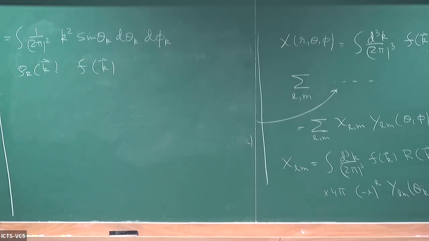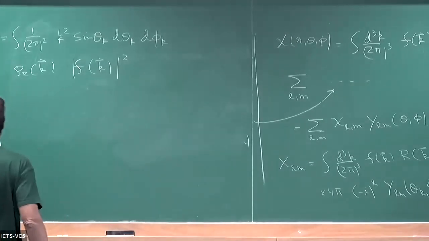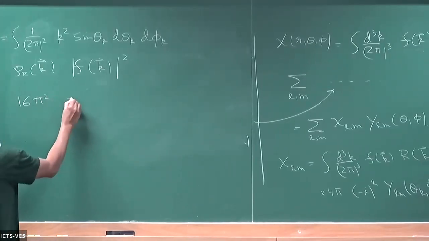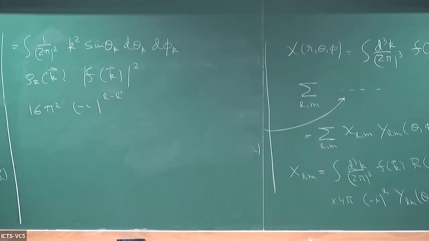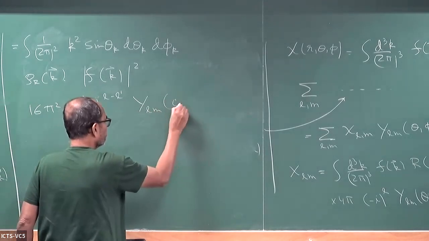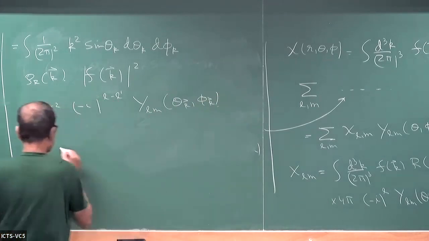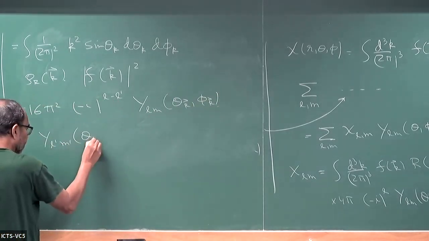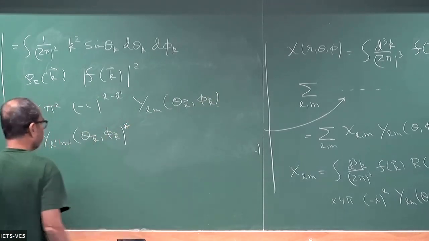But now k prime is set equal to k, so F k mod square, 16 pi square, minus i to the power l minus l prime, Y lm theta k phi k, Y l prime m prime star.